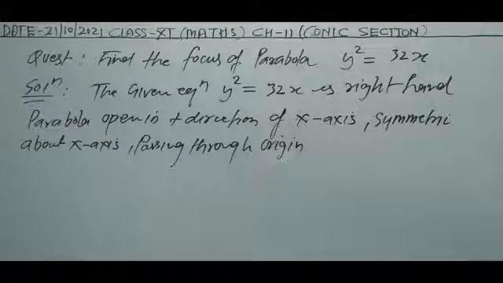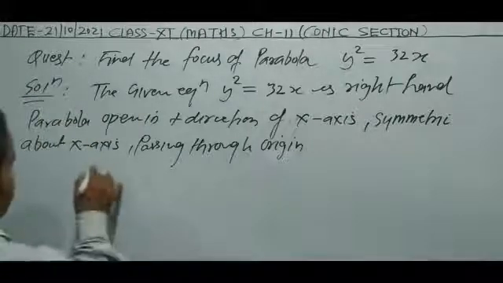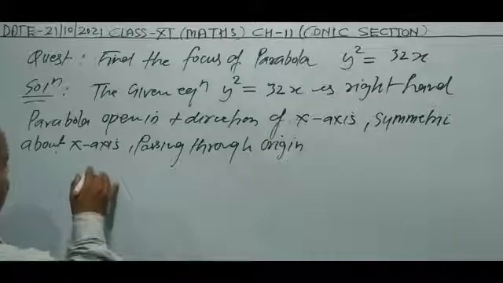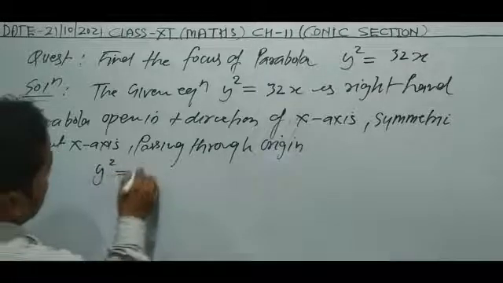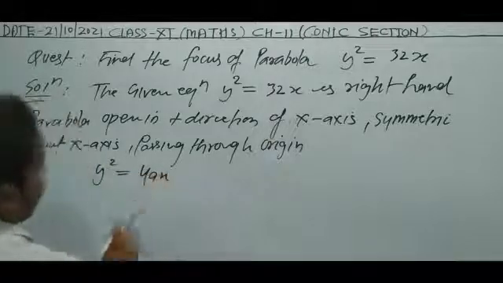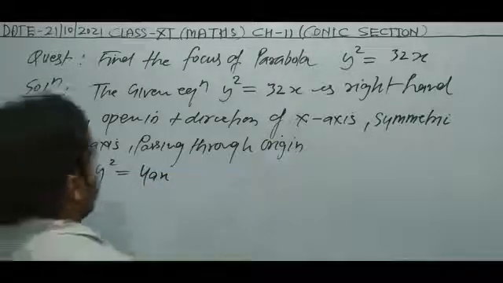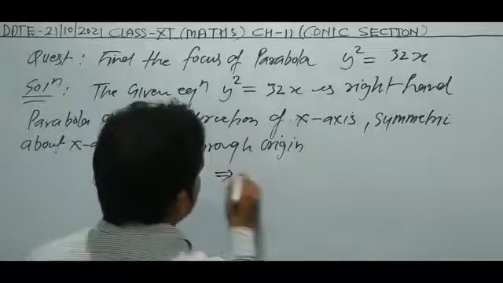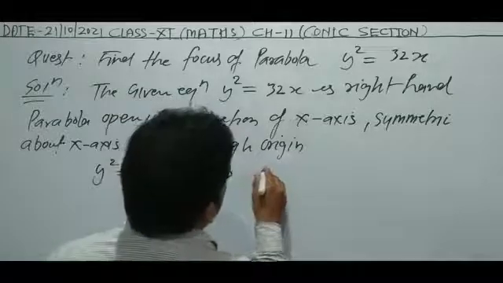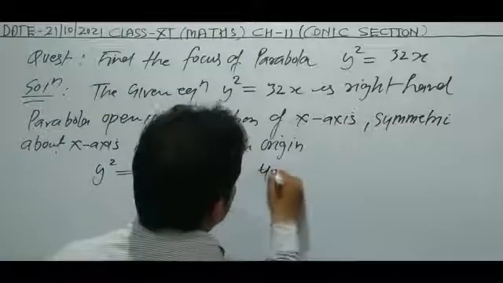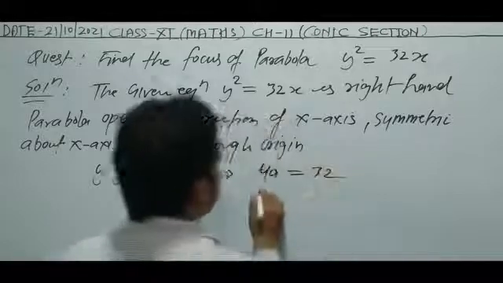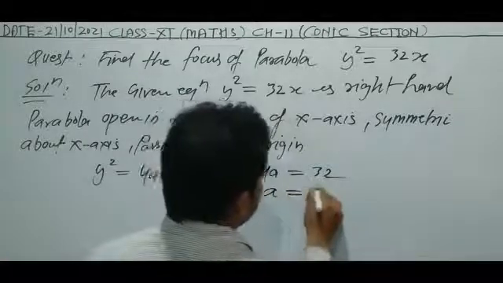Now you can compare with the general form y square is equal to 4ax. On comparing, 4a is equal to 32. This implies a will be equal to 8.